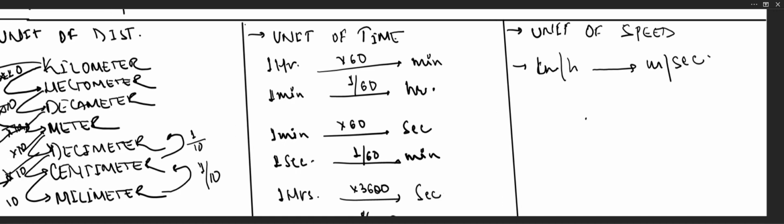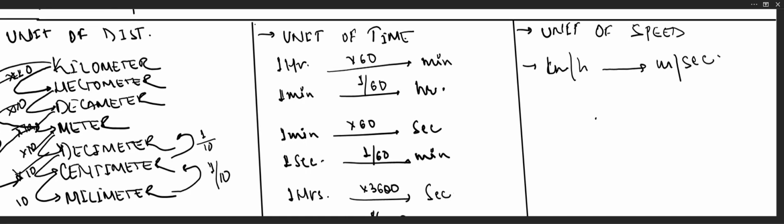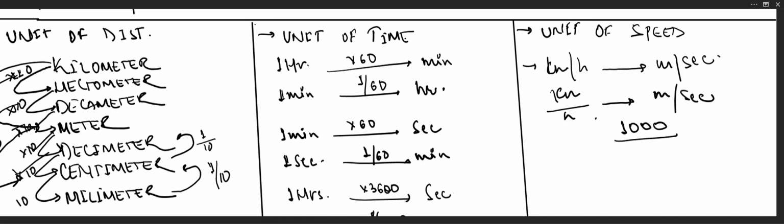So what we are doing here is changing kilometer per hour into meter per second. As we have seen, 1 kilometer is equal to 1000 meter. So we will put 1000 in the numerator, and 1 hour is equal to 3600 seconds. After cancelling both the terms, we will get 5 by 18 as our result.